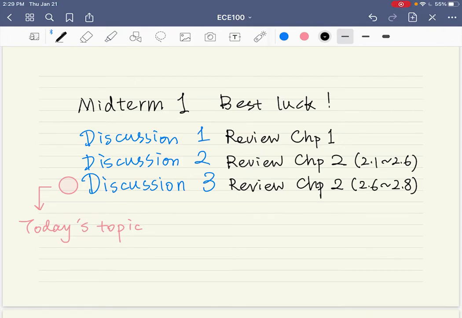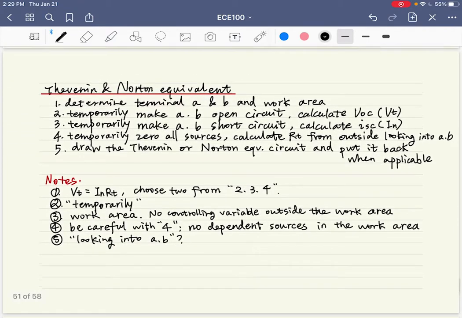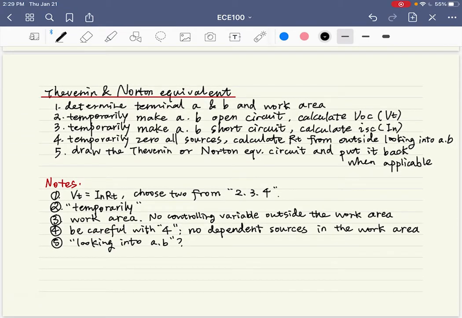Discussion 1 is a review of chapter 1, and discussion 2 reviews chapter 2 from 2.1 to 2.6. Discussion 3, which is today's topic, will review 2.6 to 2.8 in chapter 2, which covers Thevenin and Norton equivalent circuits, as well as superposition and Wheatstone bridge.